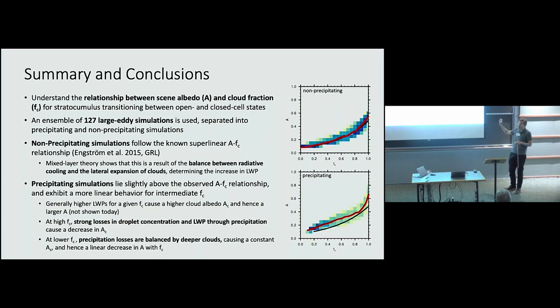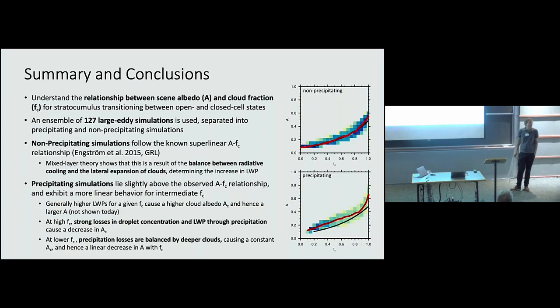We have these distinct differences between open and closed cell clouds, and we need to understand these transitions. In the end, we probably could use this Engström line to parameterize everything. But my intent was to understand what is causing this nice behavior. We could use this, but it's always nice to understand why we have this curve. And this was the main intent of this.